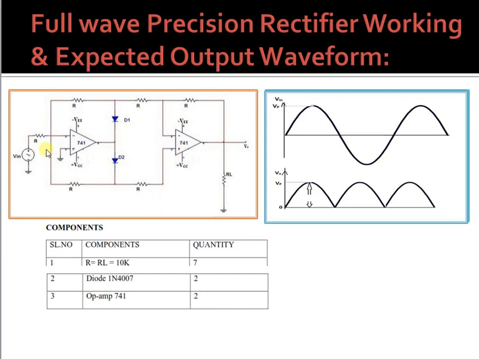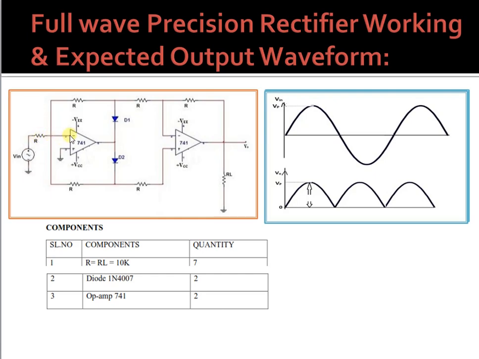Since the positive input voltage is applied to the non-inverting terminal of the second op-amp, and this is acting like a voltage follower, the same input voltage will appear at the output. If the input has a peak of Vp, the output voltage will also have a positive peak of Vp. Now during the negative half cycle, what happens?